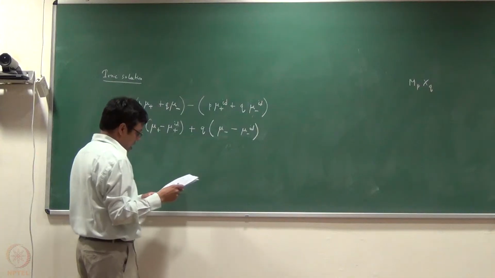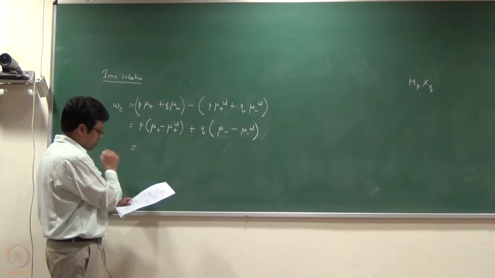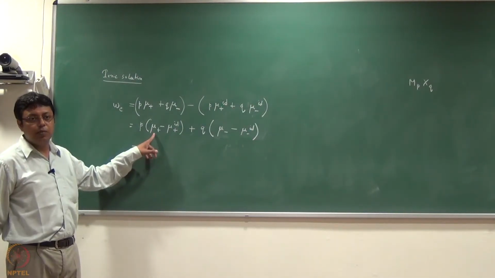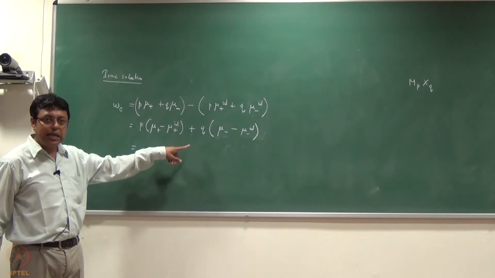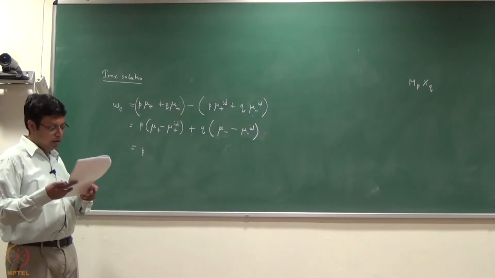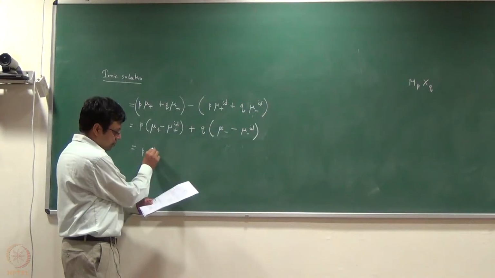And then this thing, as you can see, we have already written it. Remember what we wrote? For mu plus we wrote that it is mu plus ideal plus RT ln gamma plus minus.